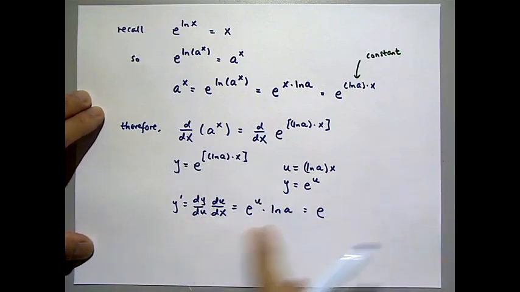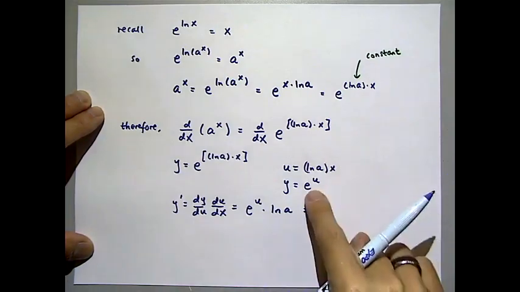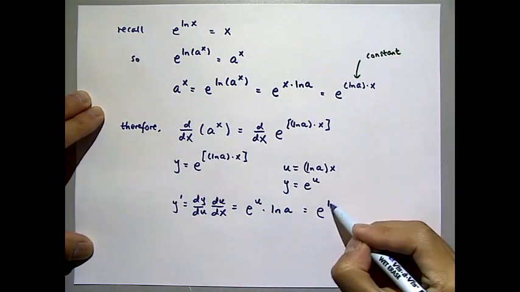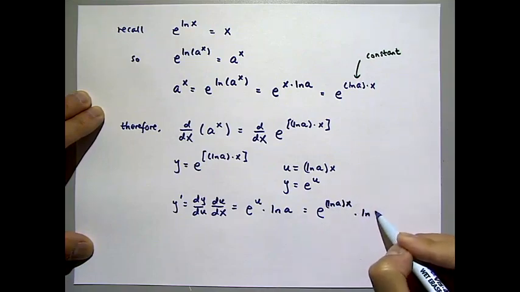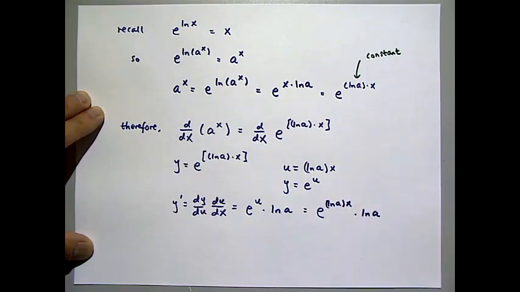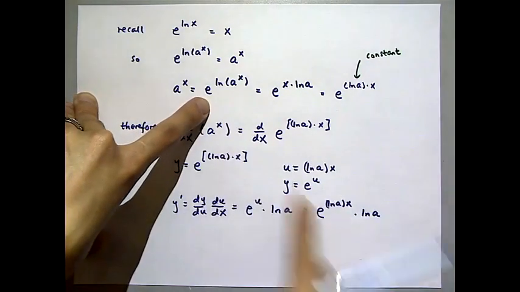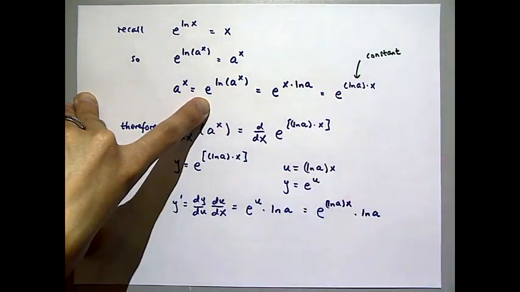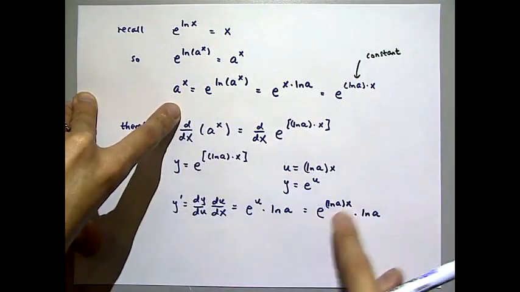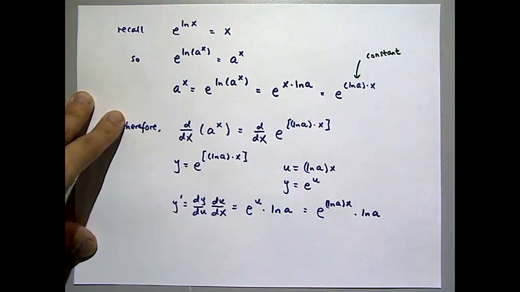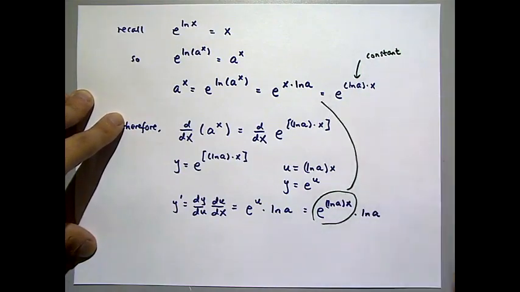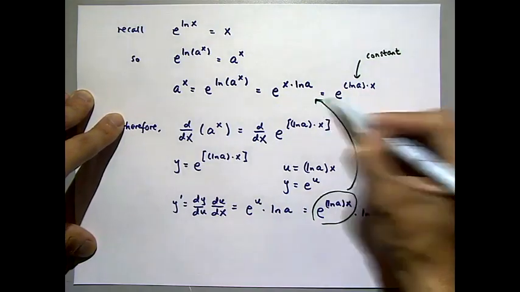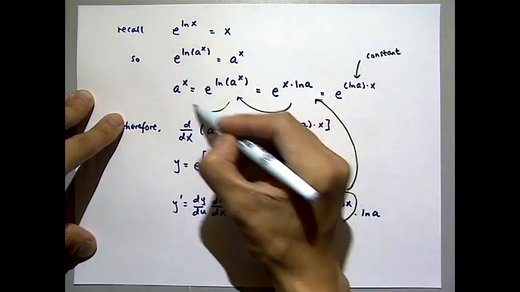What the heck is u? This guy, right? ln of a times x, times ln of a. Hey, but look, if I just do the reverse of the things I did here, this guy right here is this, which really goes back to that, which goes back to this.